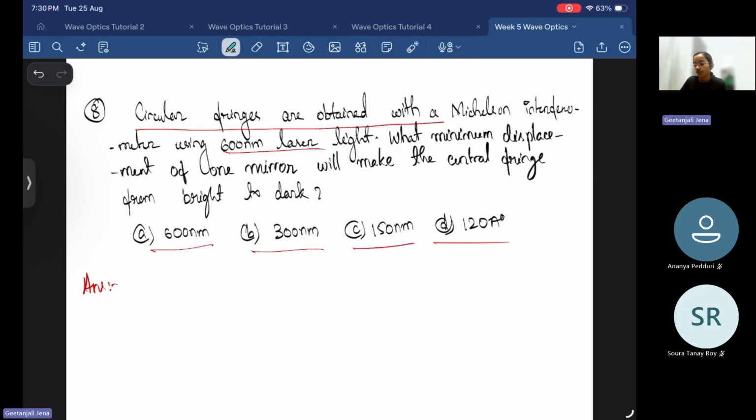Just recall the condition for the bright and dark pattern at the central point. So if you compare that, you can easily calculate the minimum displacement of one mirror with respect to the other, so that you can get bright to dark.